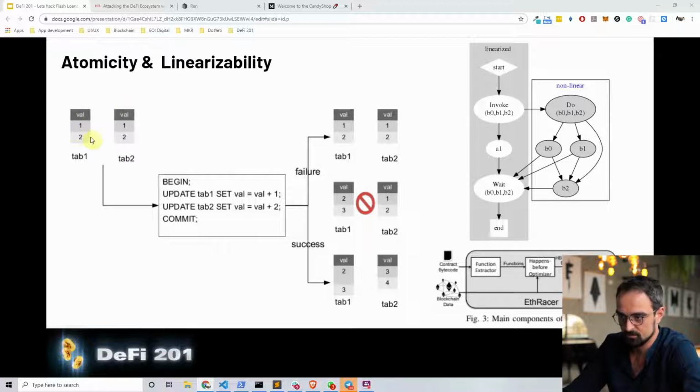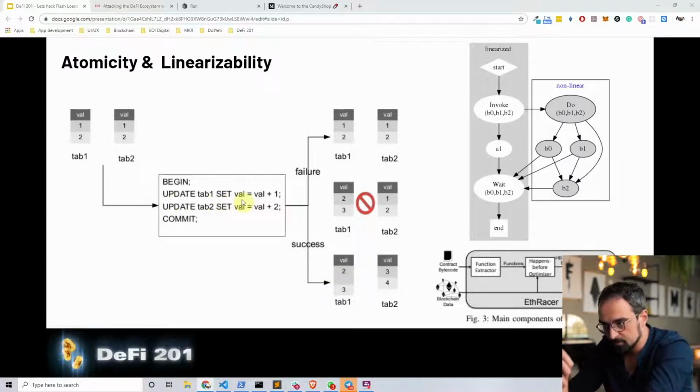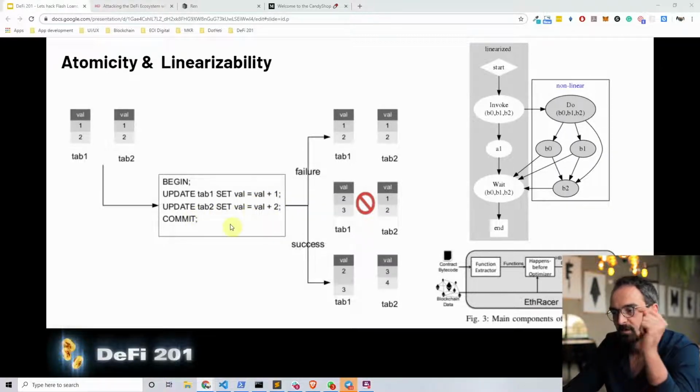All right, so here we actually see another very easy example of what atomicity is. We have 2 variables, 1 and 2. Variable tab number 1 is set plus 1, and tab number 2 set plus 2. So the final outcome should be 2. Update tab set variable plus 1, and update tab set variable plus 2, and then commit, right?